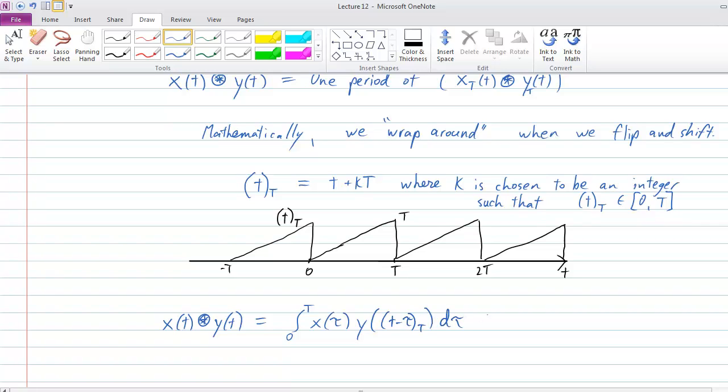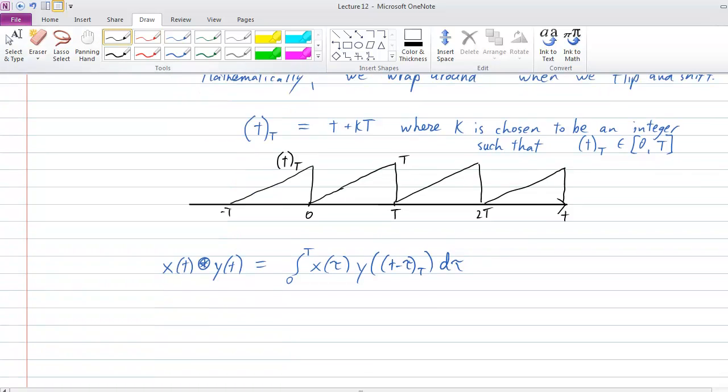So all I'm saying is, y of t minus tau can go outside of the range 0 to t. I just want to shift it back into the range. And this is equivalent to doing my flip and shift on y, but wrapping around. So flip and shift now works like this.